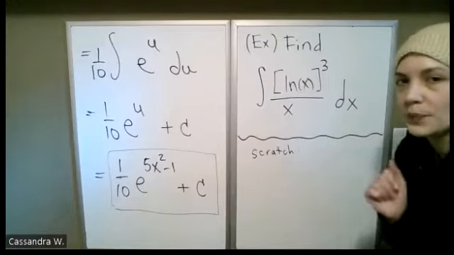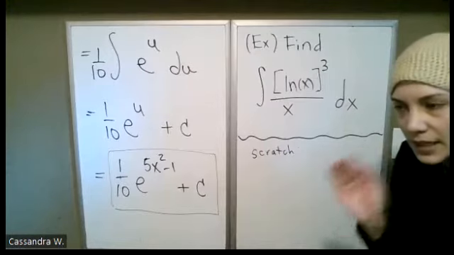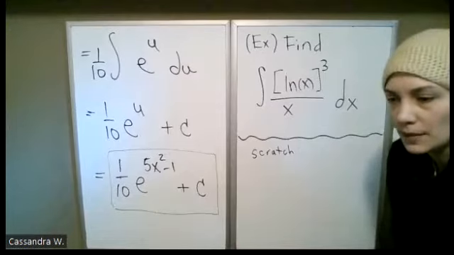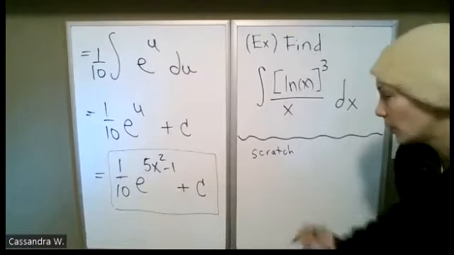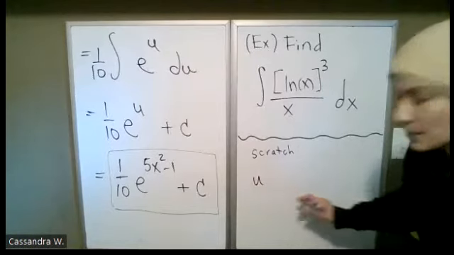Okay, so sometimes it might take a little bit of guess and check to find a good substitution. For this problem though, I'm going to go with u equal to ln of x.